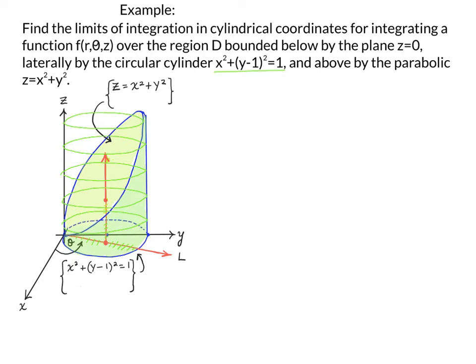Okay, and then let me switch colors. I'm going to go with a red. Let's look at this equation where z is equal to x squared plus y squared. Well, x squared plus y squared equals r squared, which is a circle. So if we think of r as the square root of z, we know that when z is 0, r is 0, and we just end up at the origin with a point.